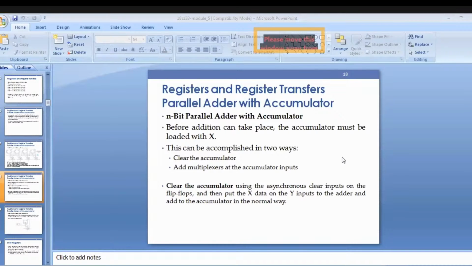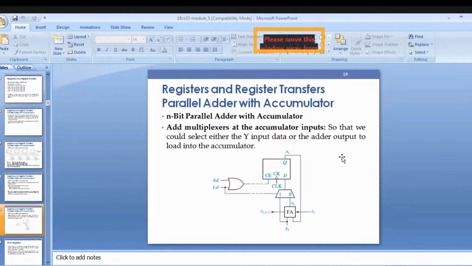In the same way, in the multiplexer you can select either the Y input or the data inputs. You add those to the output and load it. After loading, you have to check how the data is generated and how it varies in the accumulator.